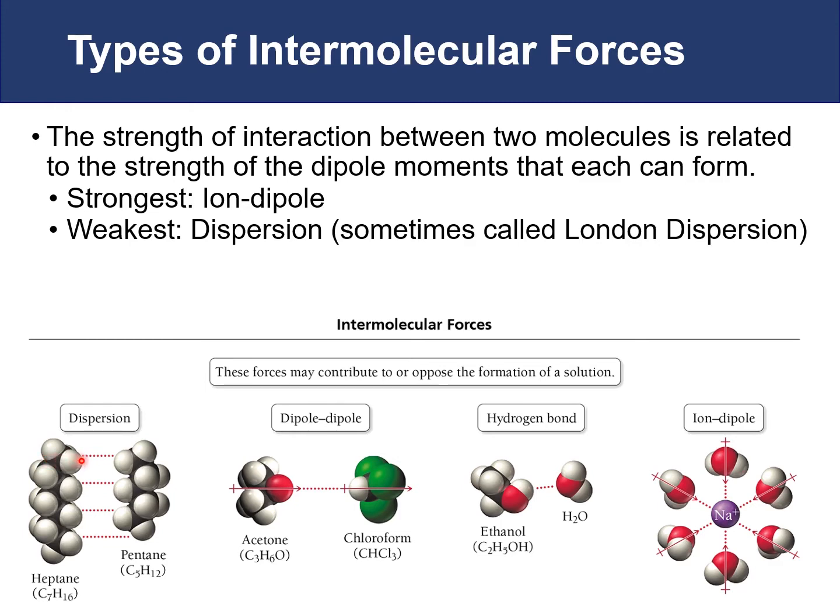The positive charge here will pull the electrons on the neighboring pentane closer towards the hydrogen here, giving it a temporary negative charge. So the temporary positive interacts with the temporary negative, and you get an intermolecular attraction between the two molecules. Because this is dependent on the movement of electrons, it is very temporary.